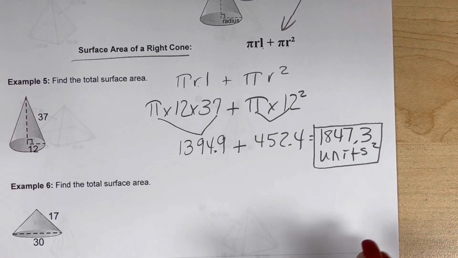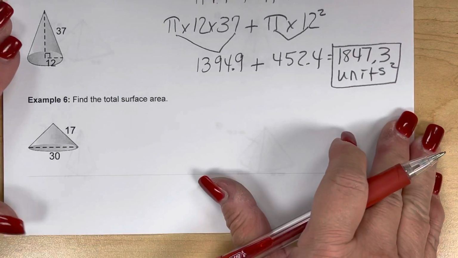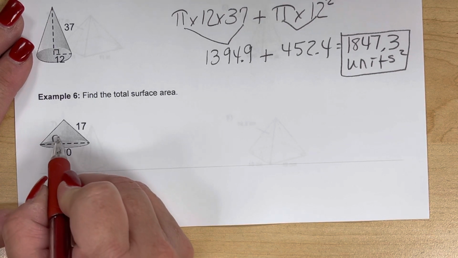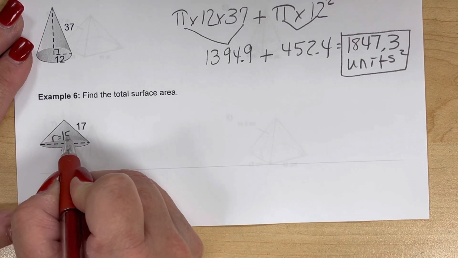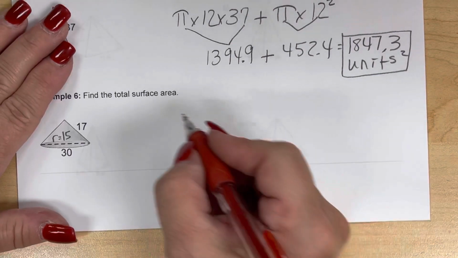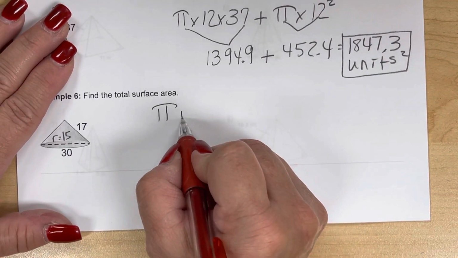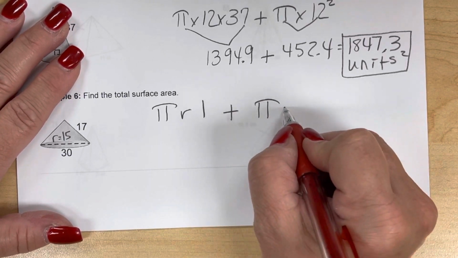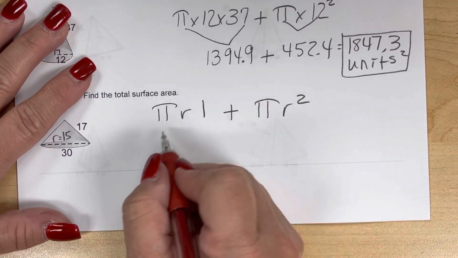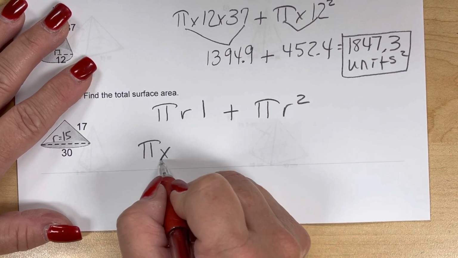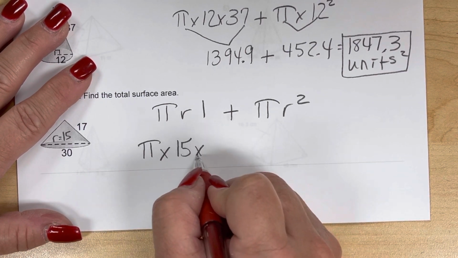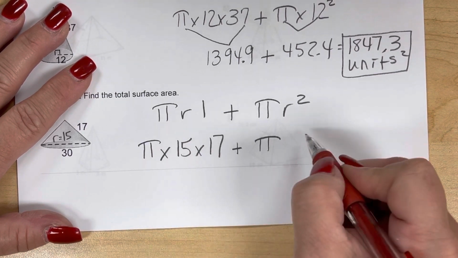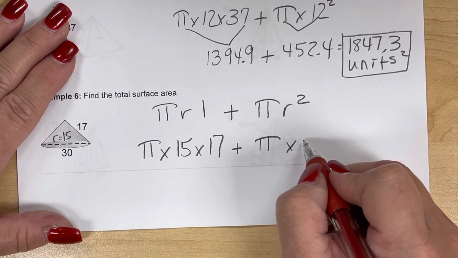Okay. Let's take a look at number 6. Now, this time, here's my diameter. I don't need the diameter, I need my radius, which would be half of that, so 15. Just be careful. Okay, my formula: pi r slanted height plus pi r squared. So I have pi times 15 times my slanted height, which is 17, plus pi times radius squared.